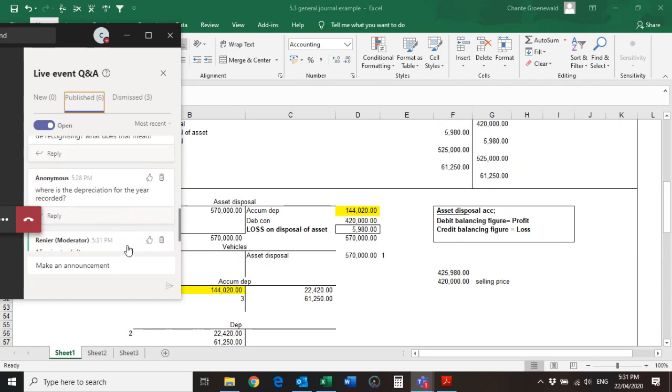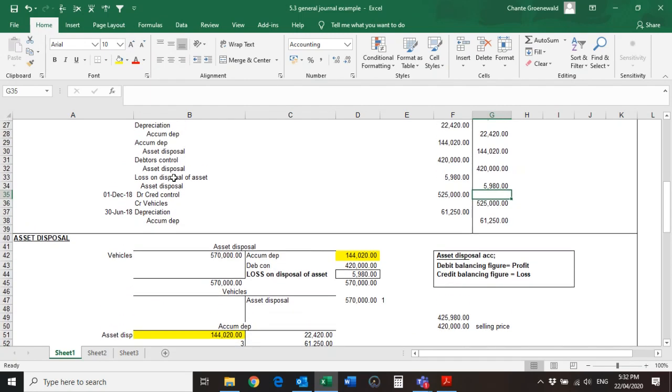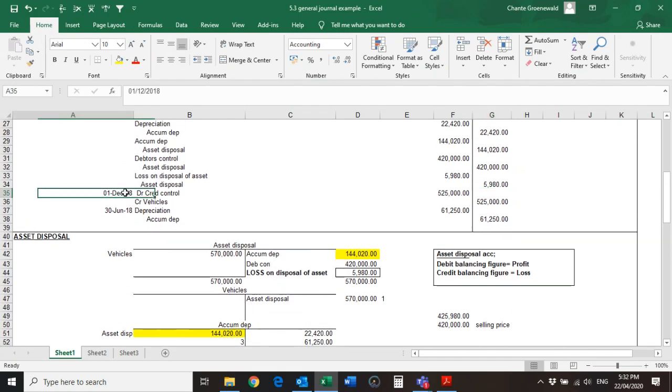Okay, so let's go back. We said that this would be 2017. We bought a new asset. Remember, I told you guys, you must show me debit and you must show me credit.